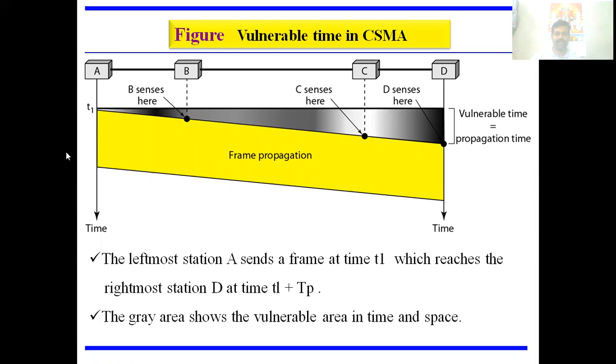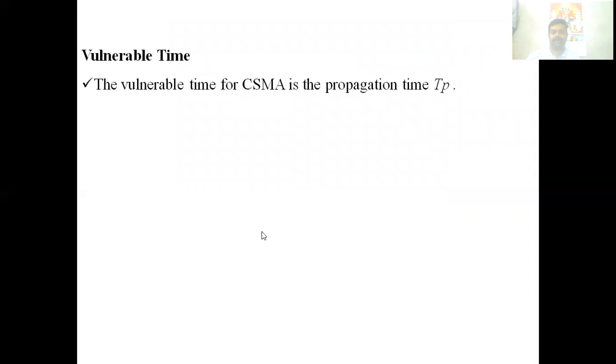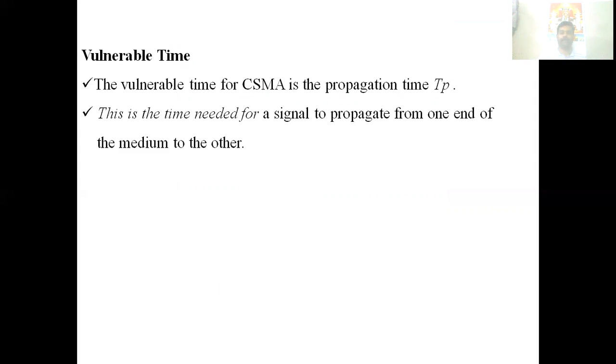The leftmost station A sends a frame at T1, which reaches the rightmost station D at time T1 plus Tp. This gray area shows the vulnerable area in time and space. The vulnerable time for CSMA is the propagation time Tp.